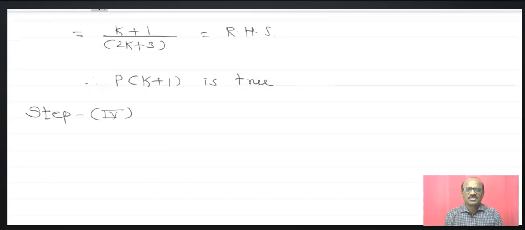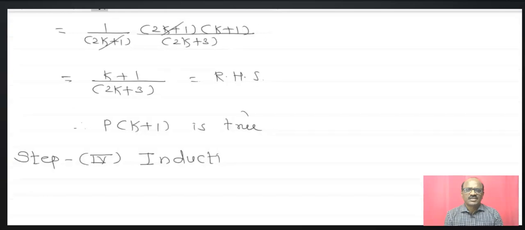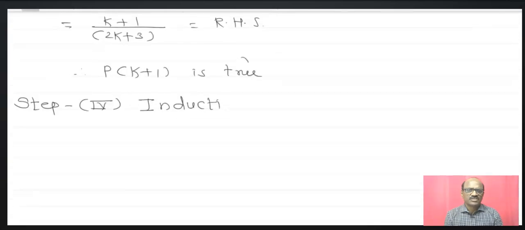Now the step number 4, this is the induction. Here we write only the dialog. The given result is true for n belonging to the capital N, and hence the result.